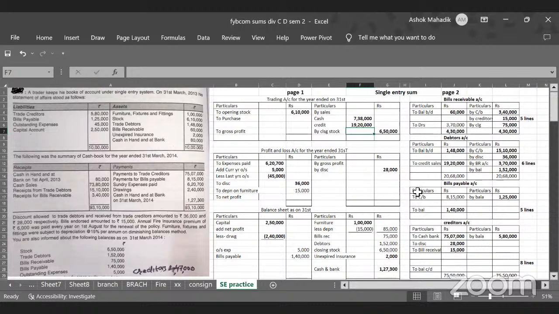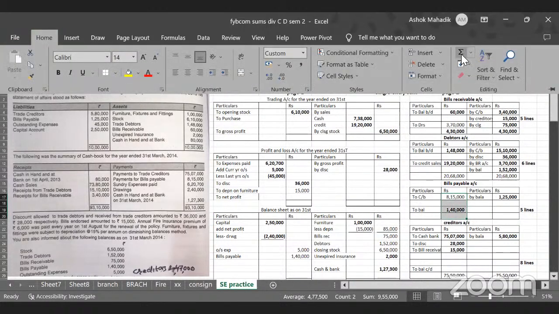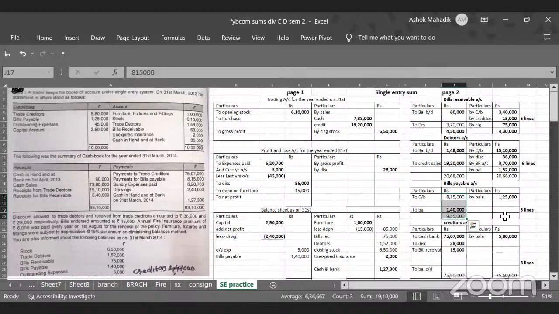You can just rewind and play it again if you have any doubts. Now, same way we have to close bills payable and creditors. From creditors, we'll get purchases. Let us do it. First, I'll take total of debit side of bills payable account. 9,55,000.